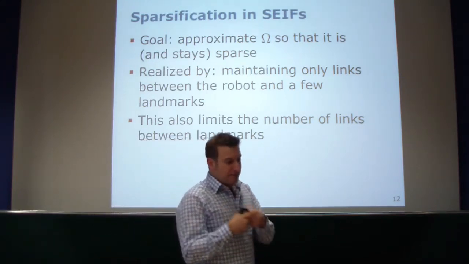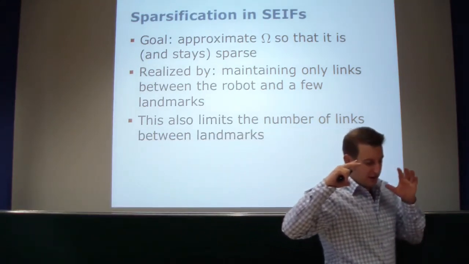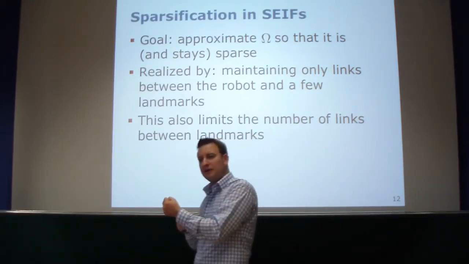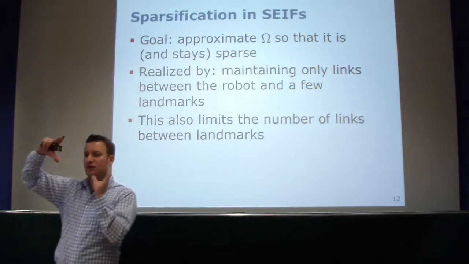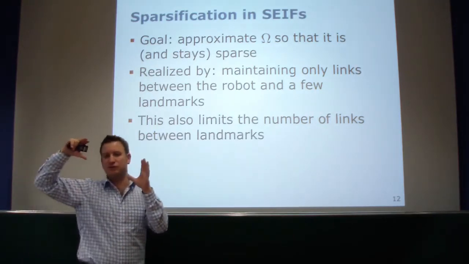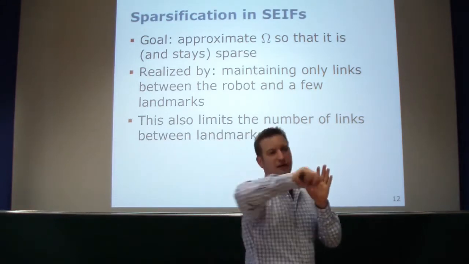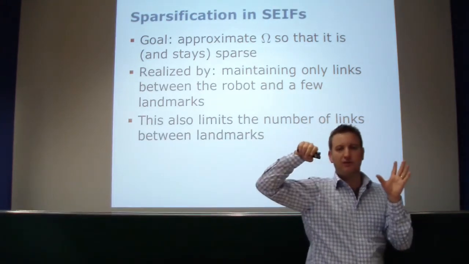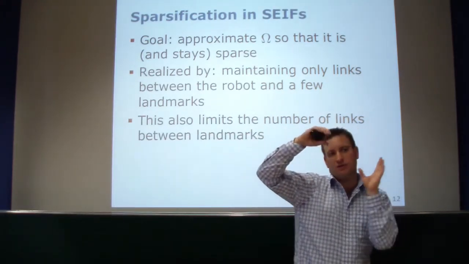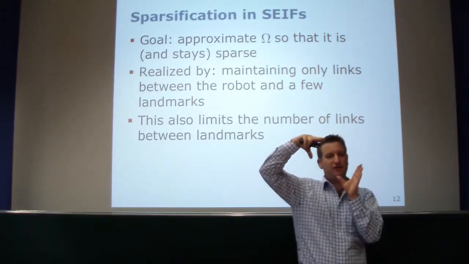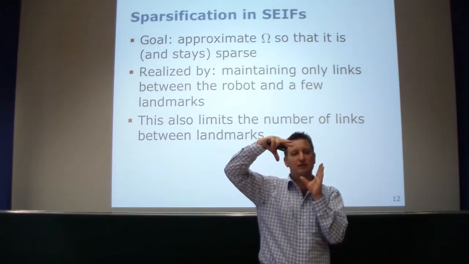And most of those links I actually generate in the motion update step of the SEIF, because then in this small matrix which contains the robot's pose and all the active features, I actually typically obtain a dense matrix. That's okay, that this is dense, because it's just a constant number, a small set.